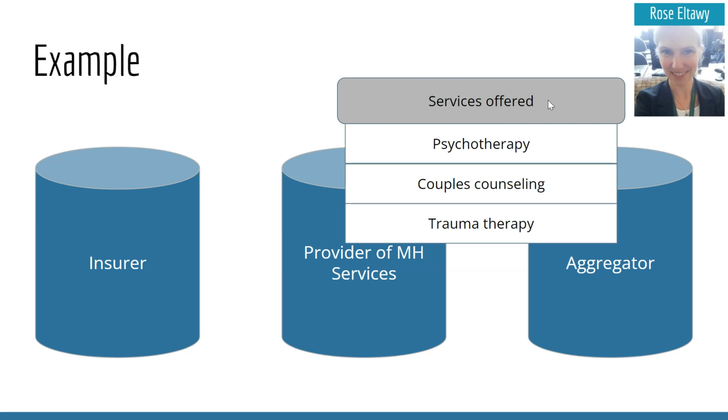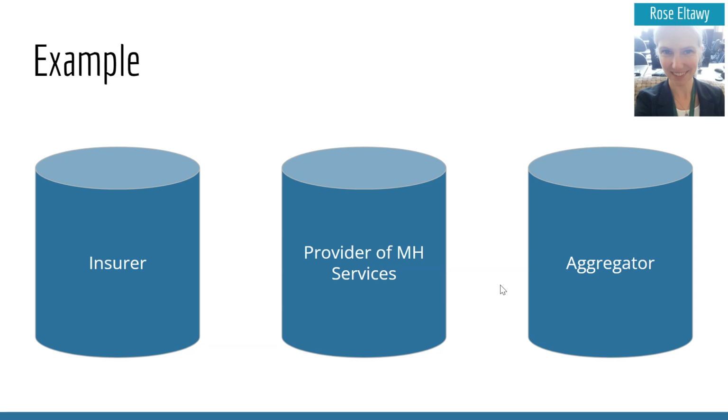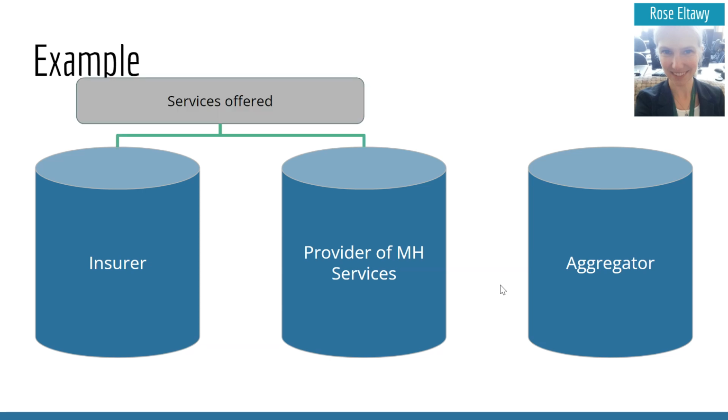Now, Psychology Today may have their own categories. They may have psychotherapy, couples counseling, and trauma therapy, those kinds of things, and the provider needs to select which of these they offer. So that might be information that the provider provides to the aggregator, which is different maybe than what they might provide directly to an insurer.